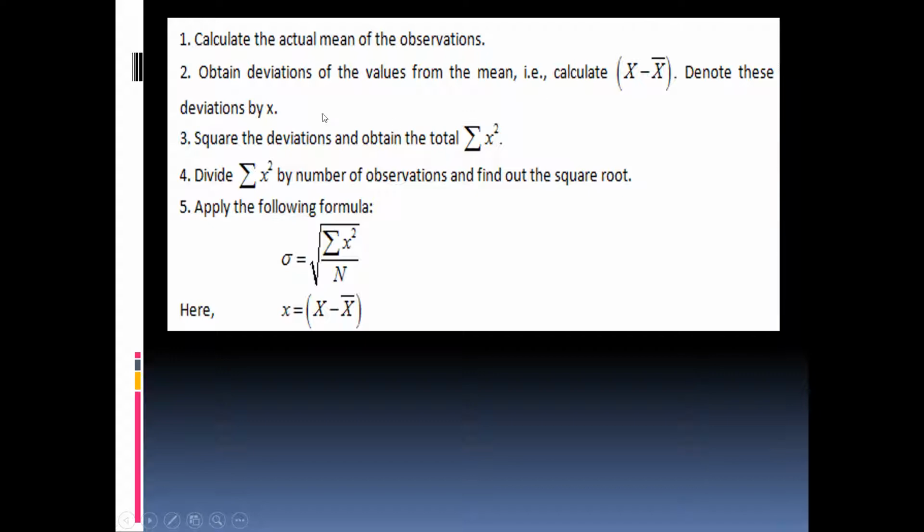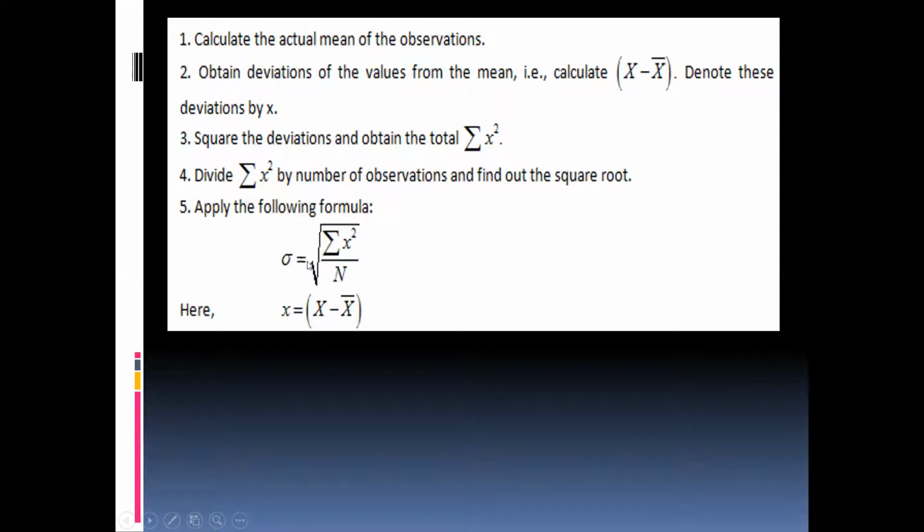Denote these deviations by small x. Next step, square the deviations. Take out small x square, and obtain the summation of x square. Next step, divide the summation of x square by the number of observations and find out the square root.